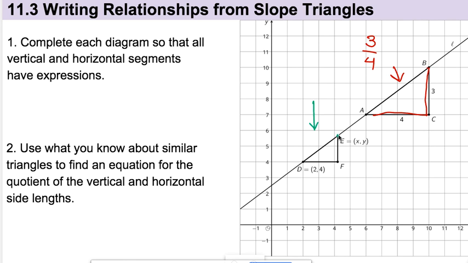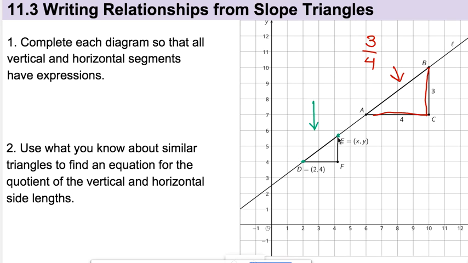Let's look at each of these ordered pairs here. D is at 2, 4. So that means from the origin, I had to go to the right 2 and up 4 to get to this point, right?